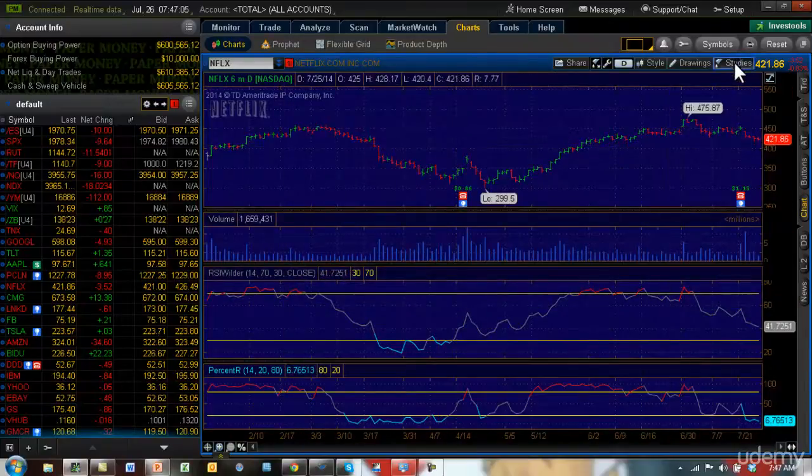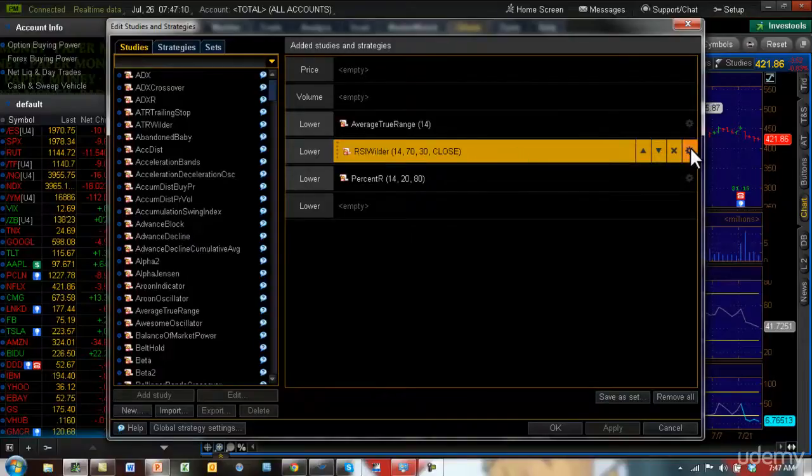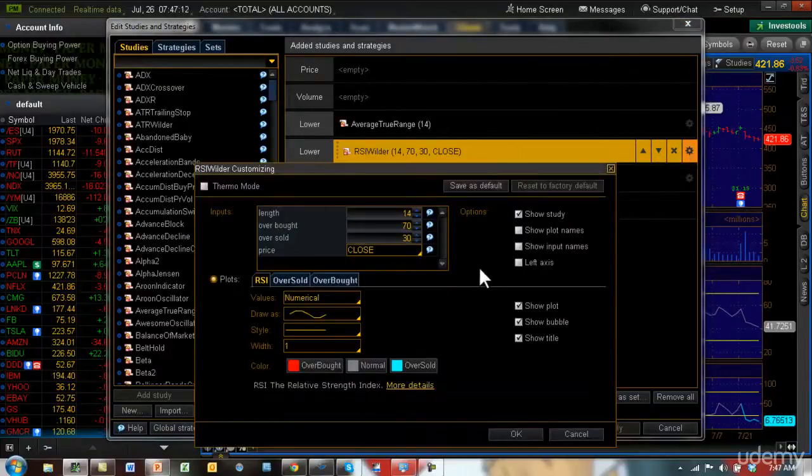So here on the Thinkorswim platform, if you edit your studies, you can see these are the parameters. So you have the RSI itself, where the default values are that it goes back 14 days to calculate the index. The overbought condition is 70, the oversold condition is 30.